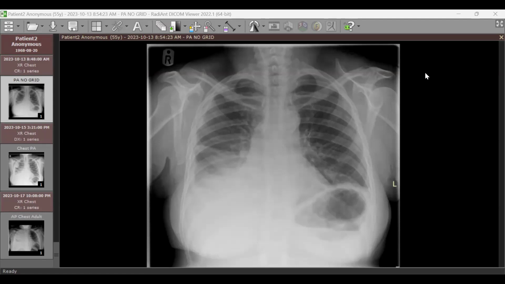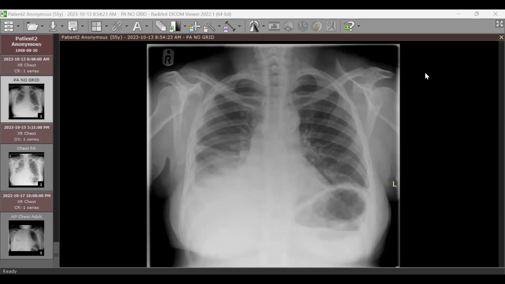Yes, okay, it's satisfactory. Slight rotation to the left, but it's okay. What about inspiration? The number of ribs is more than six, so the inspiration is good. Penetration is good.